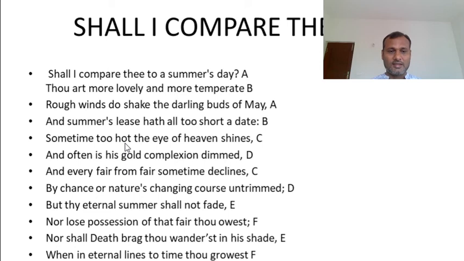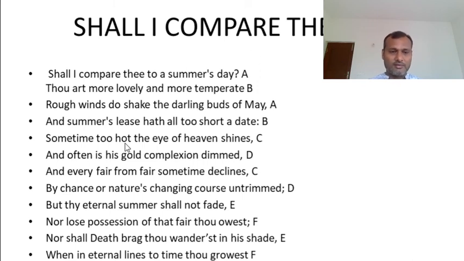And eternal lines is a metaphor for poetry. Eternal lines, here verse, means permanent. So you will stay forever. You will never lose the possession of your fairness. Your eternal summer shall not fade, and death cannot claim you, because you will stay in these verses, in this poem.